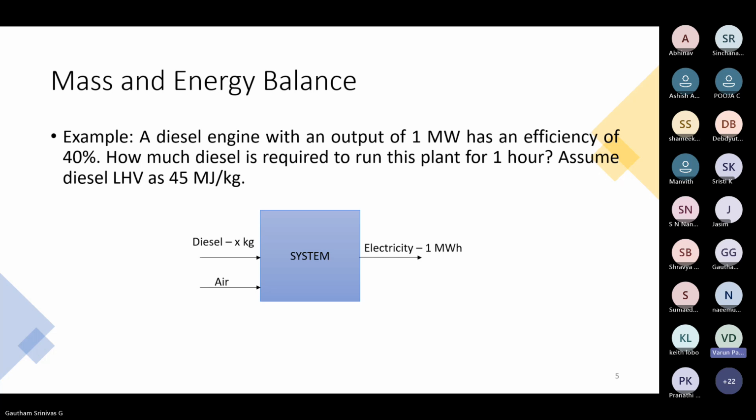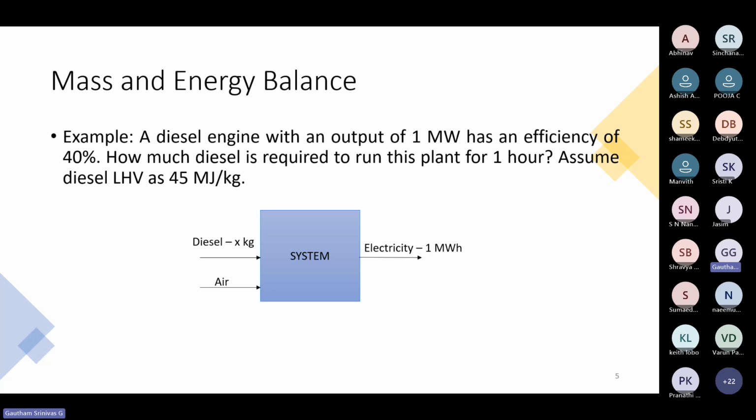So 40% of 45 is 45 into 0.4, so 18 megajoules is converted into electricity. If you give 1 kg of diesel to the system, which is equivalent to 45 megajoule, you get only 18 megajoule out because the efficiency is 40%.